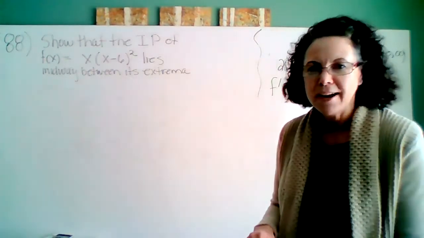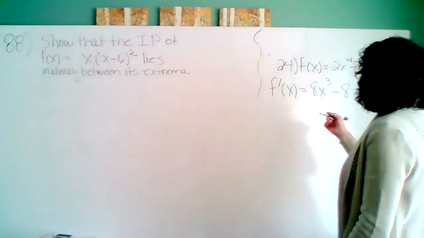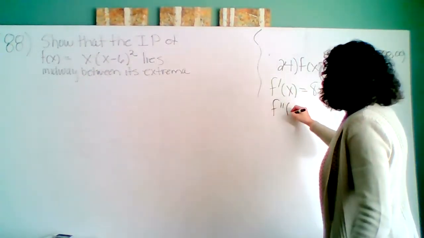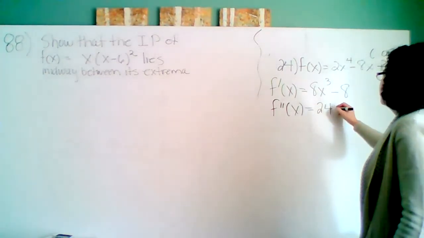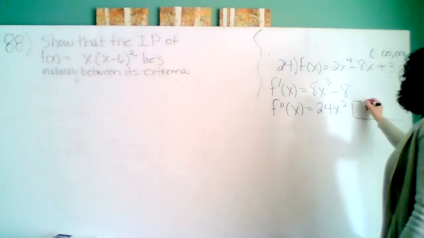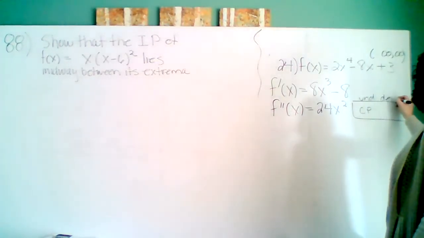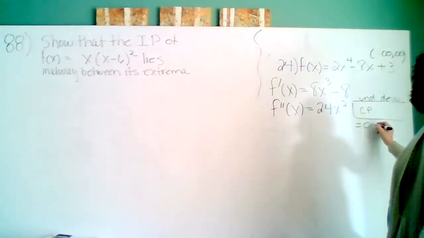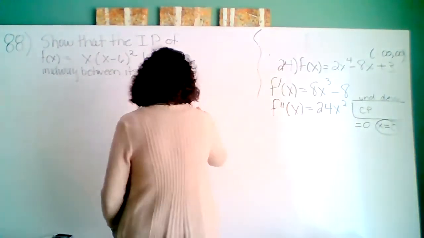I keep checking because I'm tired, so I want to make sure I didn't do it wrong. 8x cubed minus 8. The second derivative is 24x squared. Bring that 3 out front, multiply it, reduce it by 1. Our critical points: undefined? This is a quadratic that is defined everywhere. Where is this equal to 0? At 0.